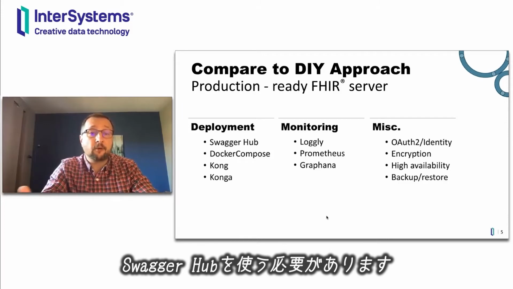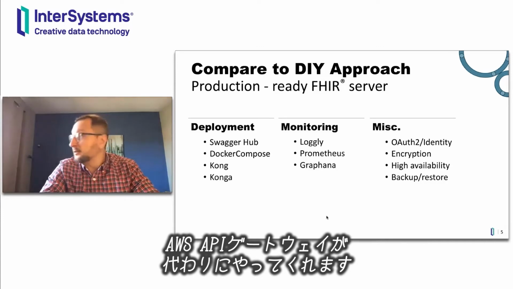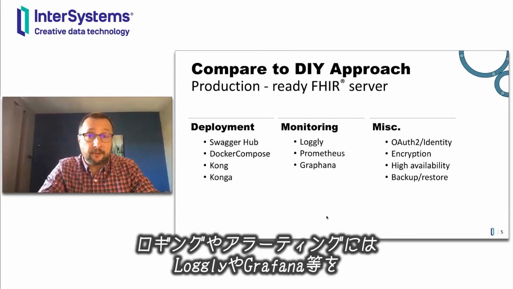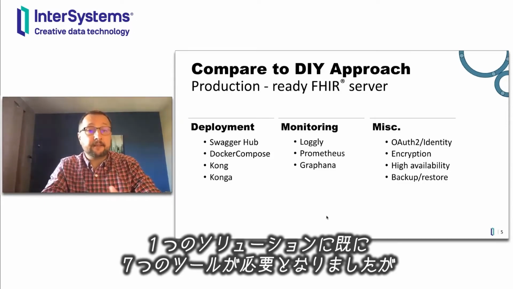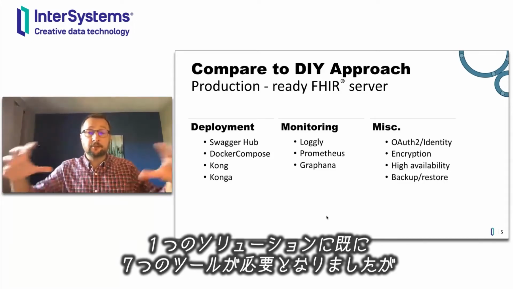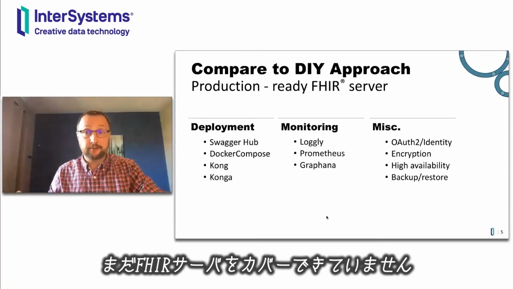Things like Kong and Konga for doing your API management, what AWS API Gateway is doing for us. For logging, monitoring and alerting, you need to employ things like Loggly, Prometheus, Grafana. So we're already at 7 different tools that you need to assemble and combine in one solution, and you still don't cover the FHIR server itself.